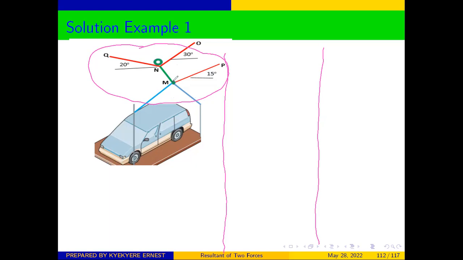We are told in the question that from this point M to this point N is a metallic rod. And this N here is a pulley, whereas this support here is a pin. Therefore, from this point to that point, it's a member.